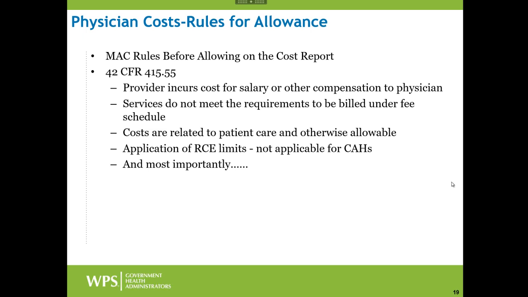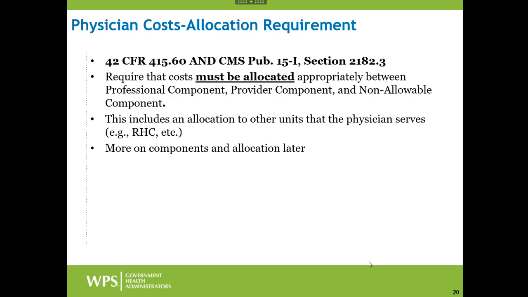And what I'm saying most importantly here, from an audit perspective, when we're looking at this on the cost report, the most important thing is that the cost must be allocated appropriately between the professional component, which is going to be carved out of the cost report, the provider component, which will be allowed, it will remain, assuming it's reasonable, of course, and any sort of non-allowable component that has to be adjusted out through the cost report separately through Worksheet A8.